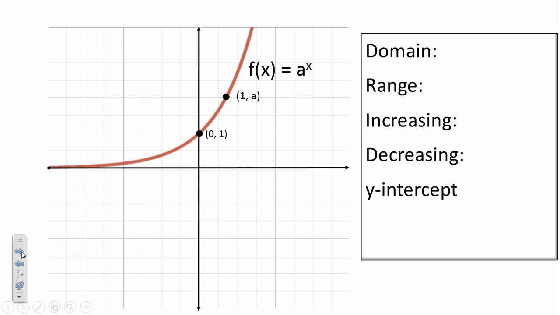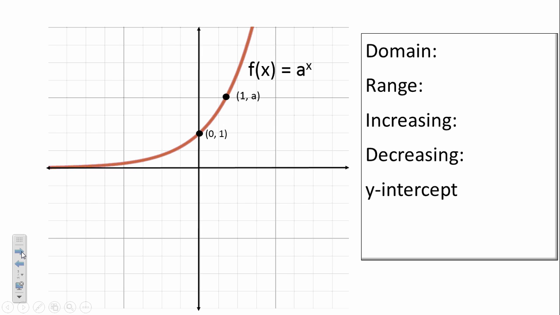And then it will be 1 over a and a up, no matter what, because anytime you take some number to the first power, you always get that number. It doesn't matter what number you take to the 0 power, it's always going to be 1.